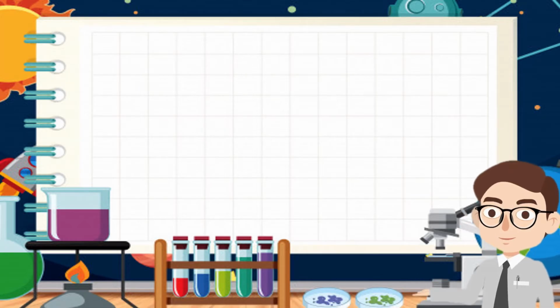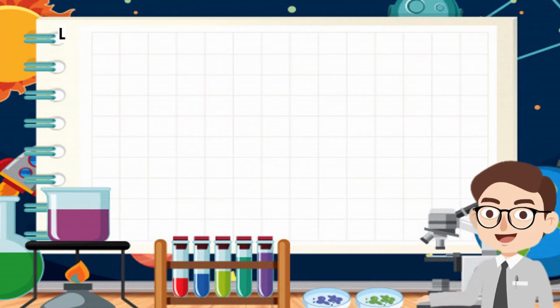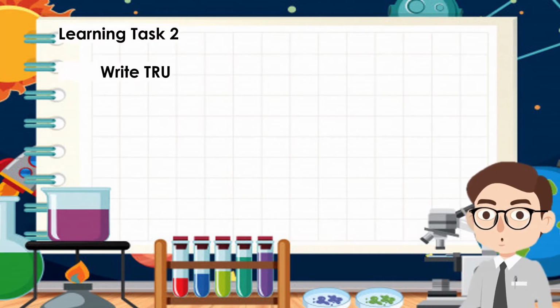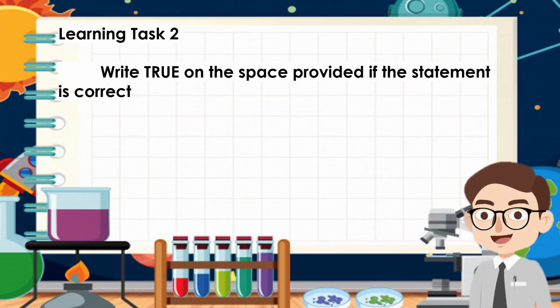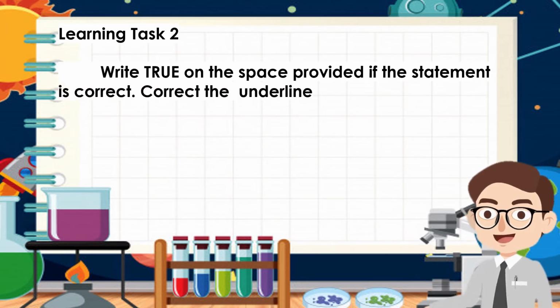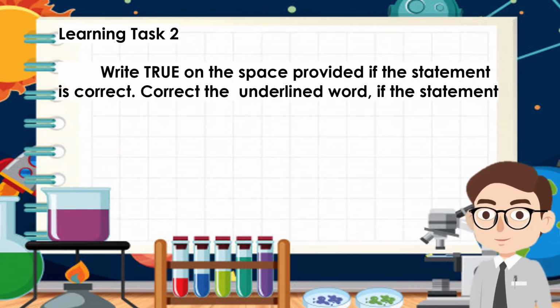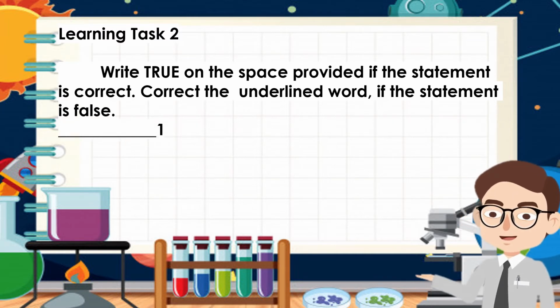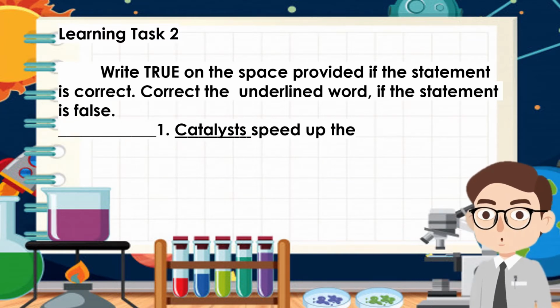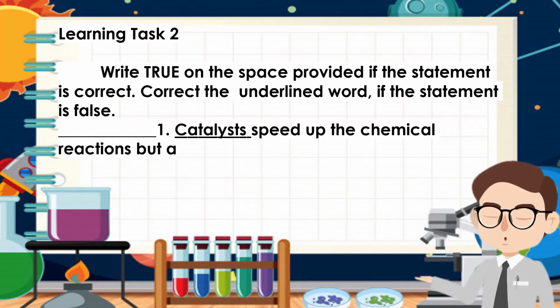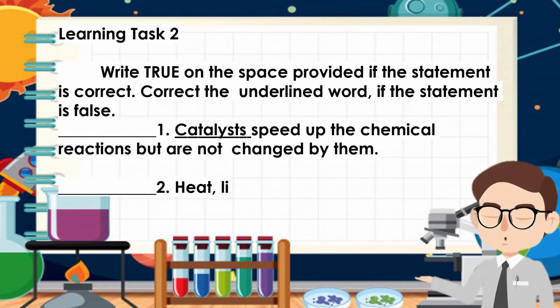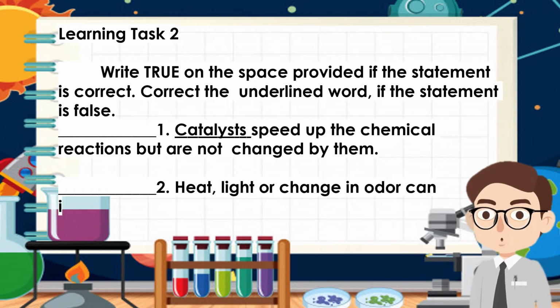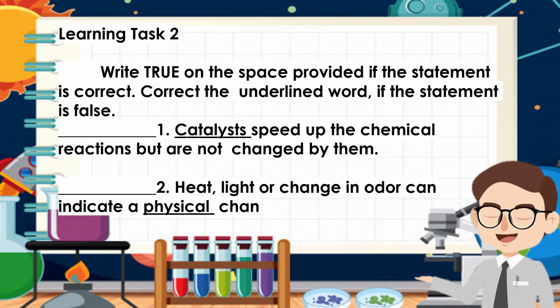Okay, students, please answer learning task 2. Write true on the space provided if the statement is correct. Correct the underlined word if the statement is false. Number 1. Catalysts speed up the chemical reactions but are not changed by them. Number 2. Heat, light, or change in odor can indicate a physical change.